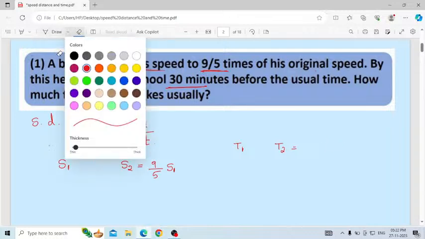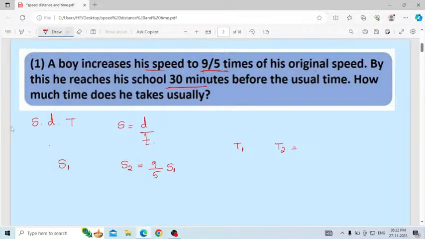Here they have given before, so before means T1 minus 30. Okay. S1 and T1 are the original speed and original time. Then S2 and T2 are the change in speed and change in time once the speed is increased.